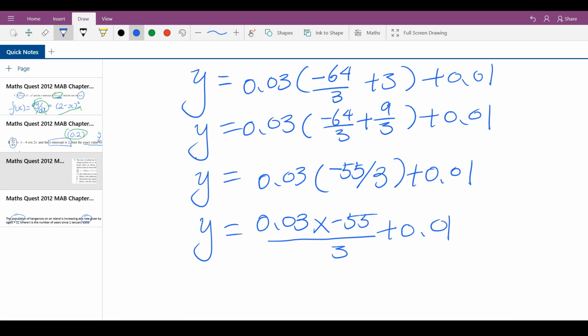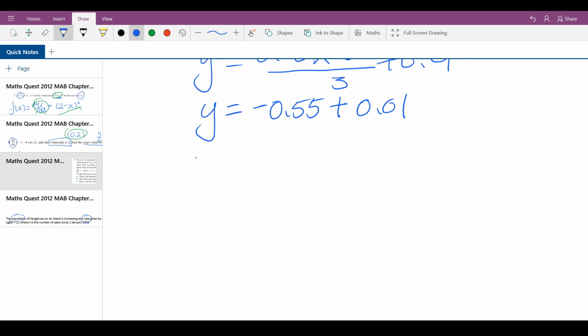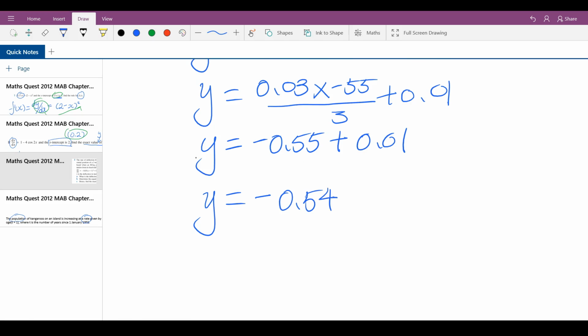All right, let me grab my calculator. So 0.03 times negative 55 divided by 3 would give us negative 0.55. Plus 0.01 would give us y equal to negative 0.54.